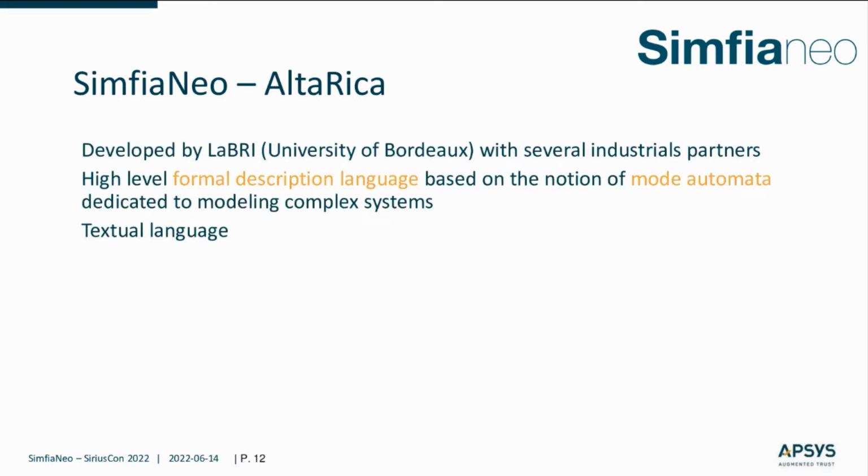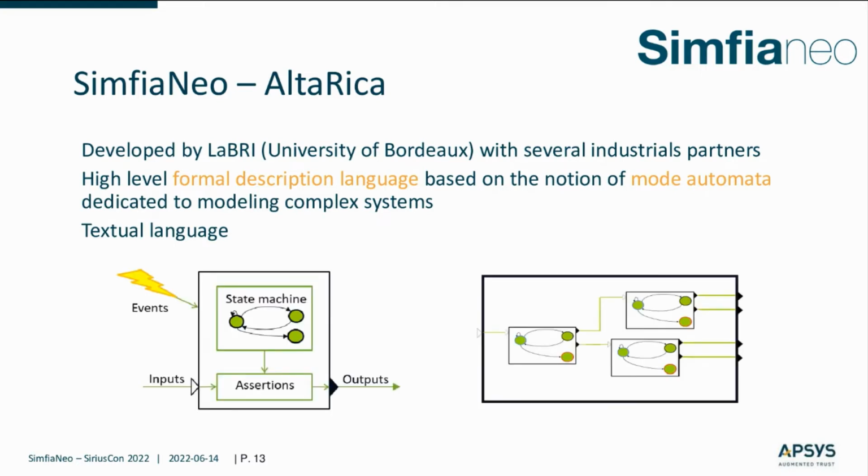AltaRica is a formal language used to describe a system, and it uses the notion of state automaton. We put state automatons in what we call bricks, the boxes in our diagrams. We have state automatons, and then we link all the equipment with each other in order to build the architecture of our system.